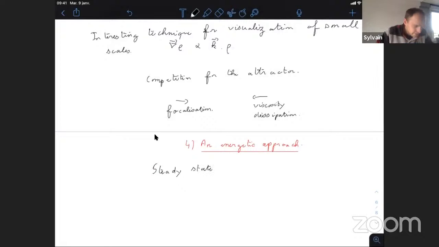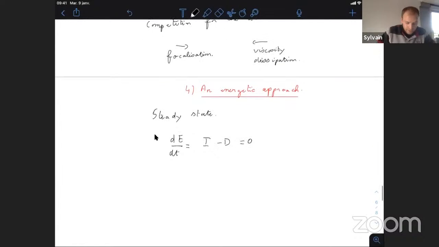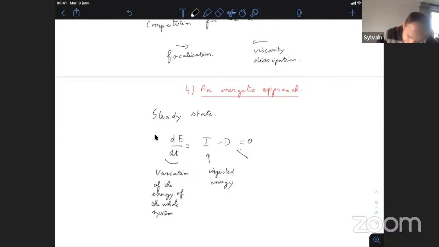Steady state means that you can write it this way, D equals 0. Just to explain what I have just written, the variation of the energy of the whole system, that the injected energy, and that's the dissipation.